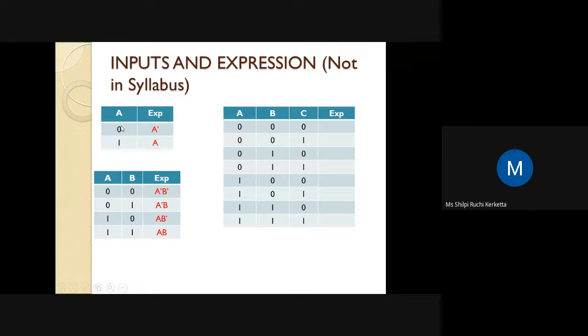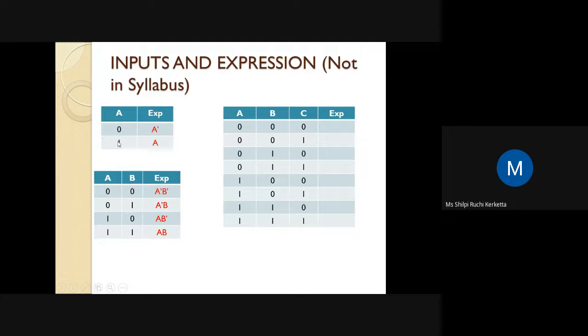If we have only one input, we have the combinations 0 and 1. How can we write 0? We can write 0 as a bar or a dash. Here I can't write a bar, so I have written a dash. It is the same as a bar. And 1, how can we write?